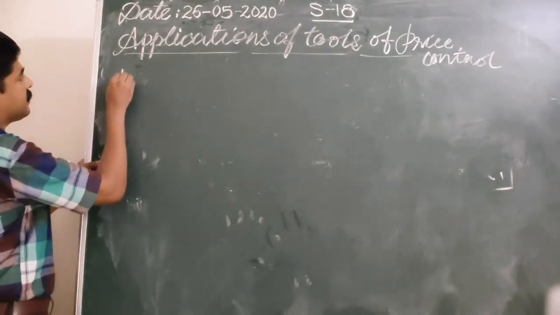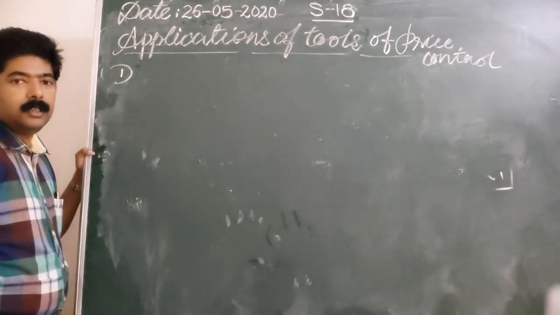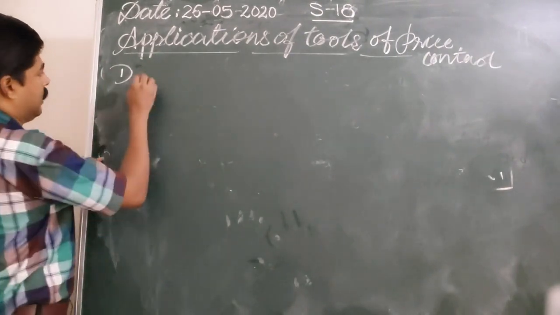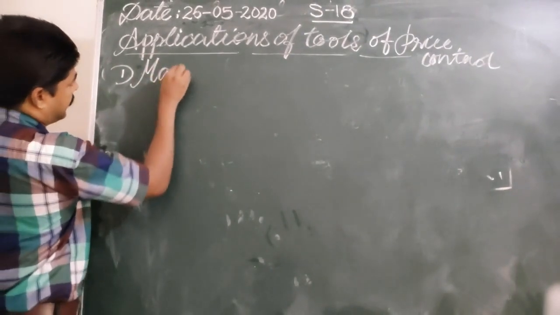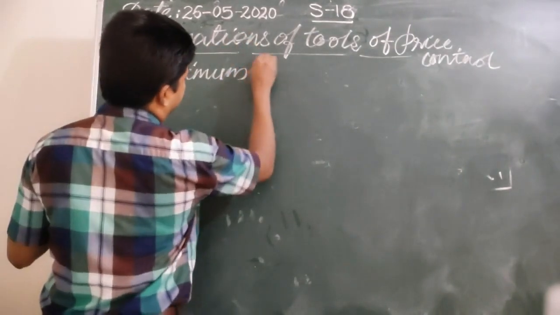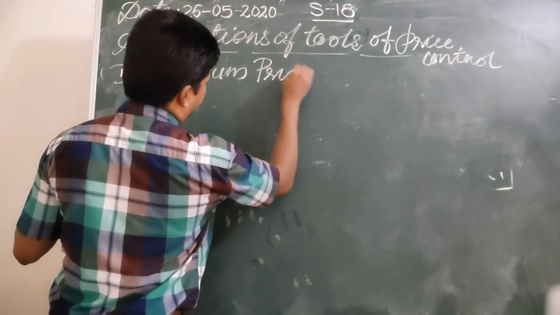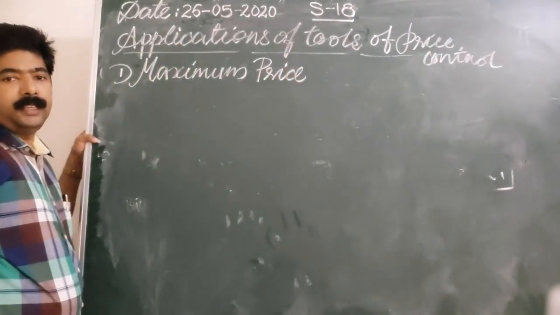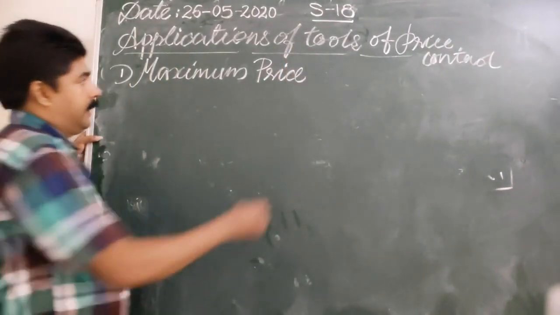The first situation is, as I have told you, maximum price legislation. You can note it: maximum price, also known as ceiling price.